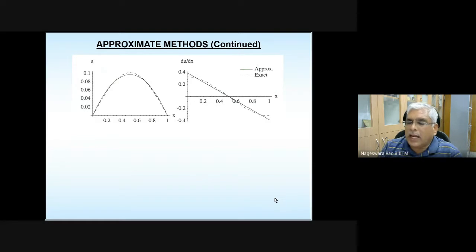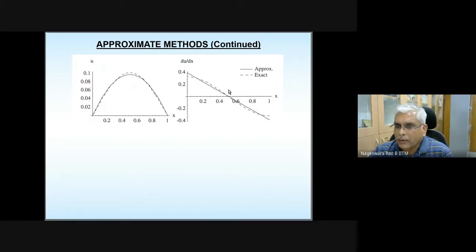So you can see Galerkin method for the same amount of effort. When I say same amount of effort, in the sense, how many equations are you solving? You are solving the same number of equations. Least square weighted residual method, you solve the same number of equations. Collocation method also you solve the same number of equations. Galerkin method also you solve the same number of equations. But the solution that you get from Galerkin method is superior to the other methods.